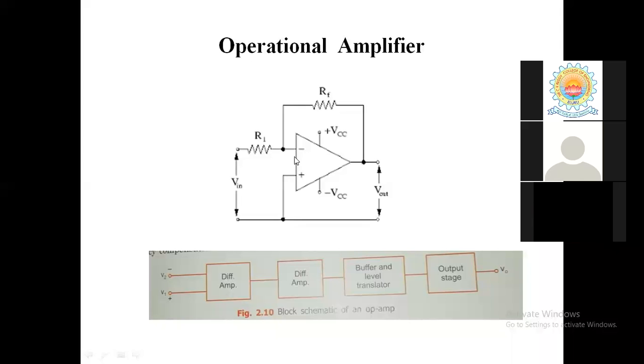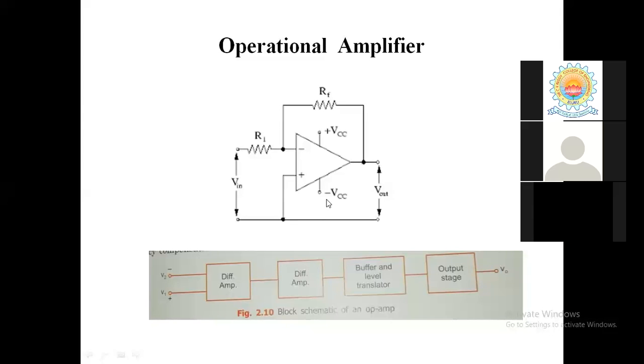Here we have a feedback resistance. This is the feedback resistance R suffix F, and this is the input resistance R1. This is the input voltage section, and here we can see the output voltage. This is about plus VCC and minus VCC. We will discuss plus VCC and minus VCC in detail.